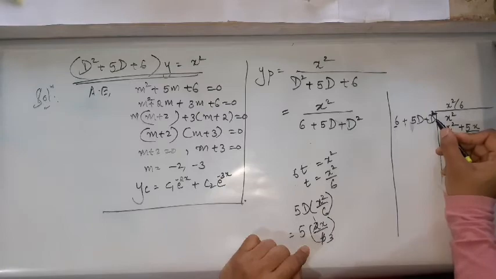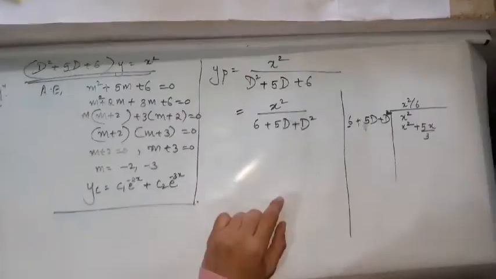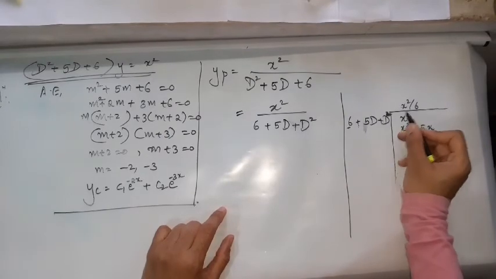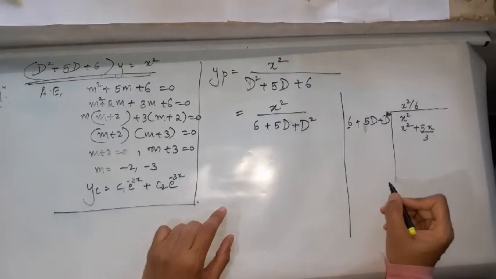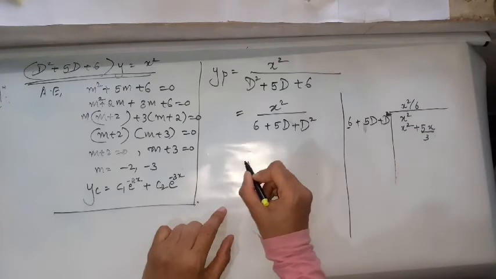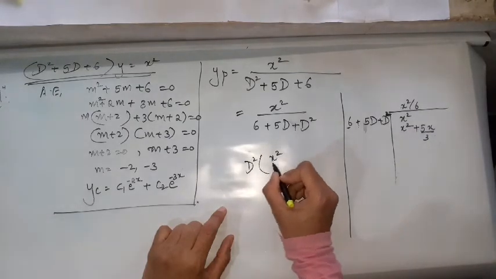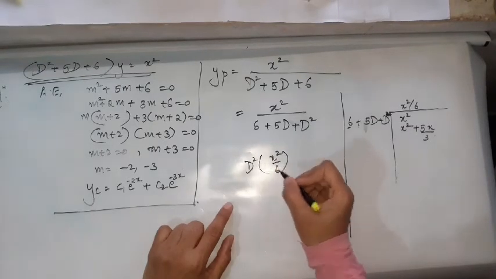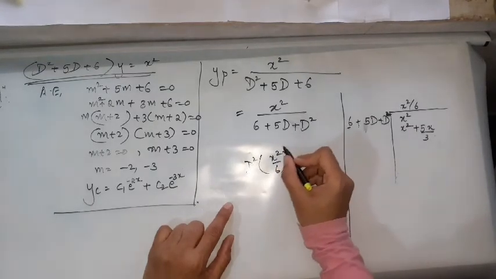Next, you have a d square here, the next term. Now you should multiply this d square to this x square by 6. So it is d square of x square by 6. Now what is d square again? Second derivative of x square by 6. So differentiate x square twice.